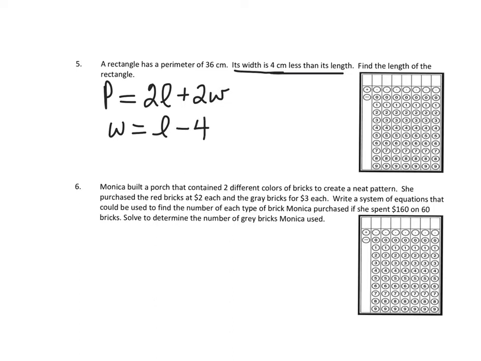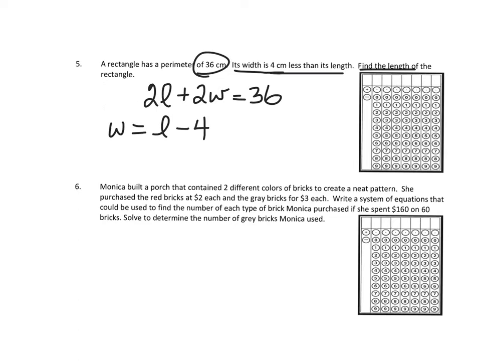Now we have our system of equations, but we need to find the length of our rectangle and then put it into our grid. Right up here, I forgot to put the actual 36, so I'm going to write equals 36. So these are our two equations. Okay.